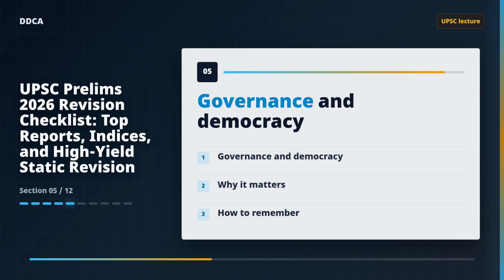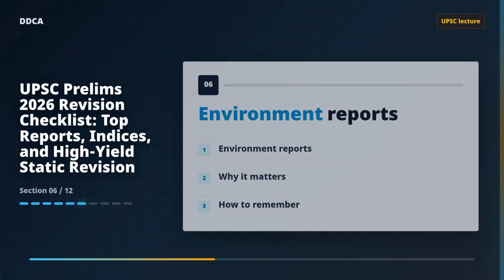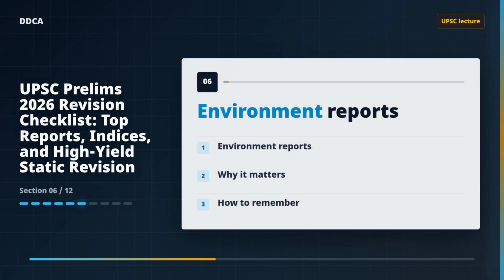Next is environment and climate, a very high-yield revision zone. Here, students often confuse reports on climate performance, emissions, biodiversity, forests, pollution, and disaster risk. You should revise the basic purpose of each report or index, not just its name.